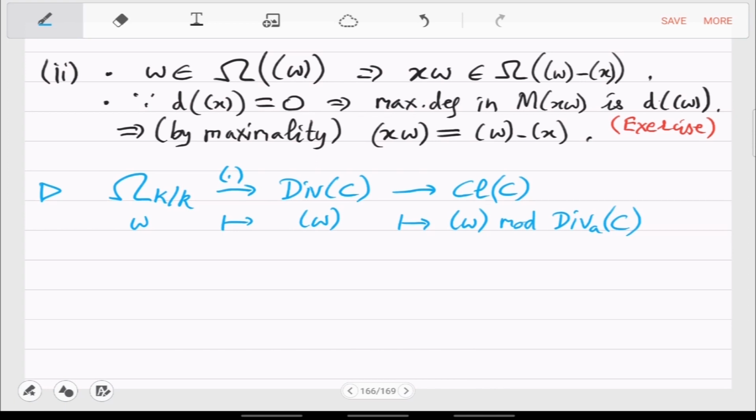These are all vector spaces, or at least abelian groups. So there you have these morphisms, and basically if you scale up omega by a function x, the image doesn't change. That's all I wanted to say, and from this you can get a definition.